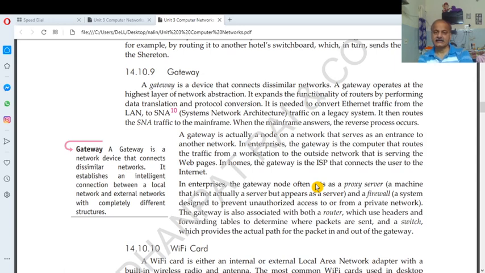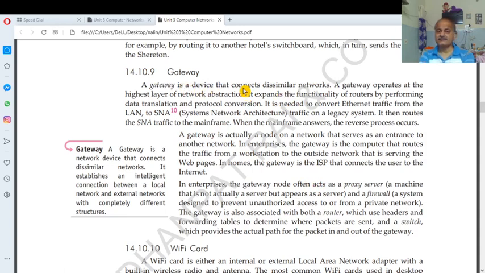This is called a similar network. But if the two networks are using different protocols for transferring data or information from one computer or node to another node, or from one network to another network, then we use the gateway, since the networks are different or dissimilar.